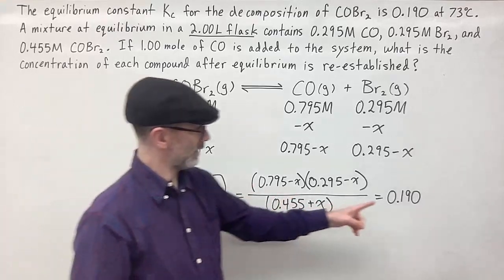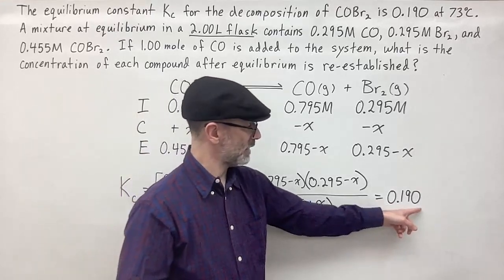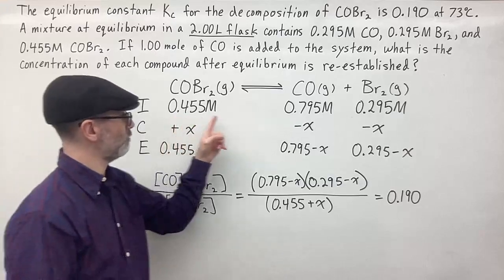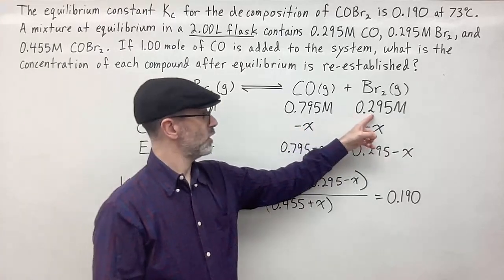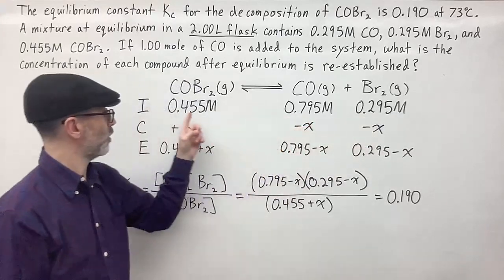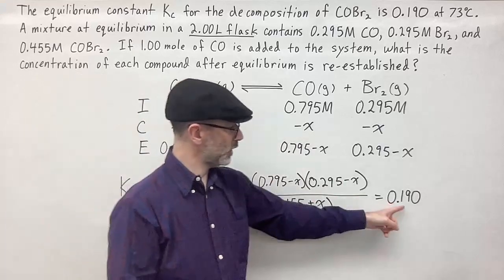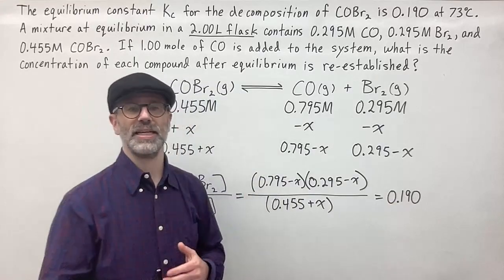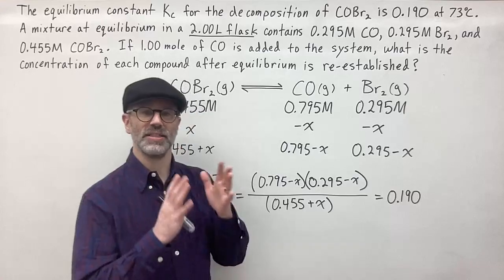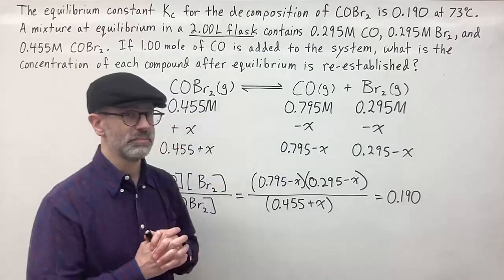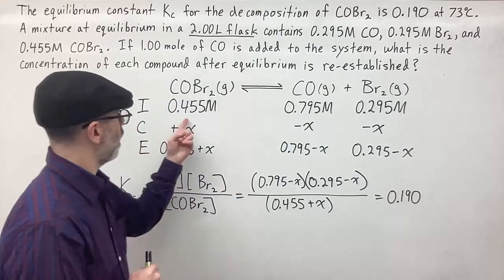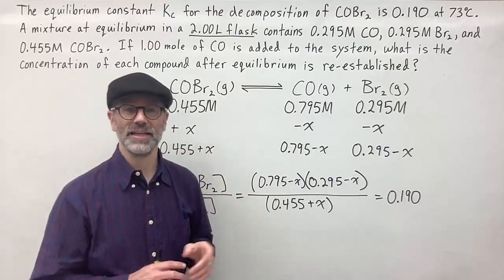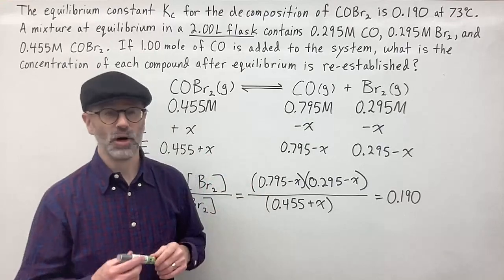Also, notice that the K value here is 0.190, close to 1. And look at the concentrations that we have to begin with. They're all 0.29, 0.79, 0.45. Those are really close to the K value. So since the equilibrium constant is really close to the same level as your initial concentrations, this indicates quite clearly that the x is small approximation will not work.